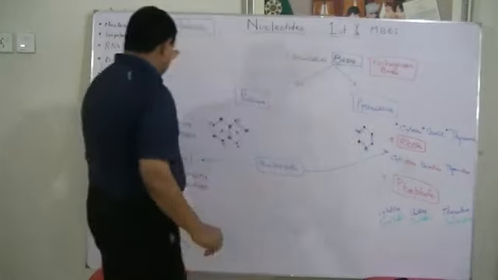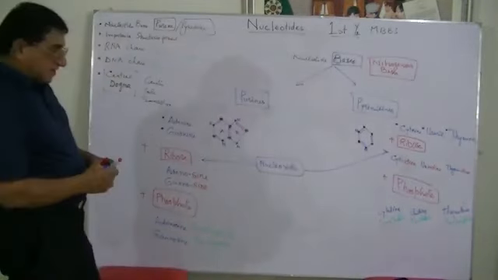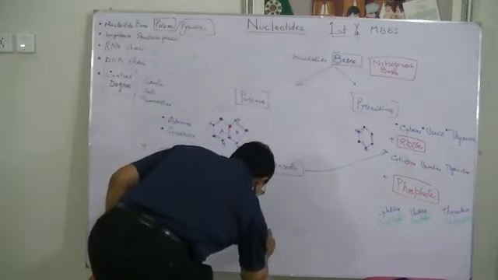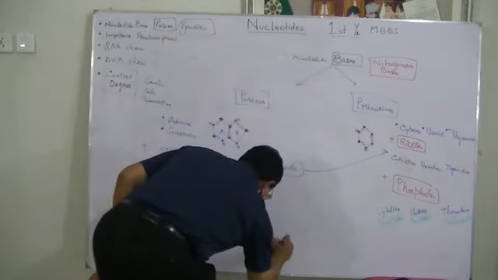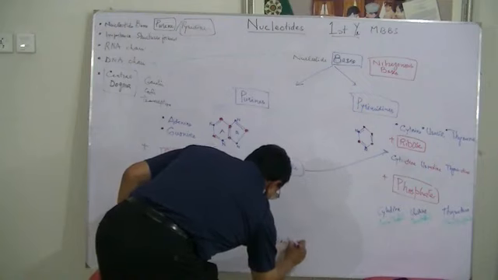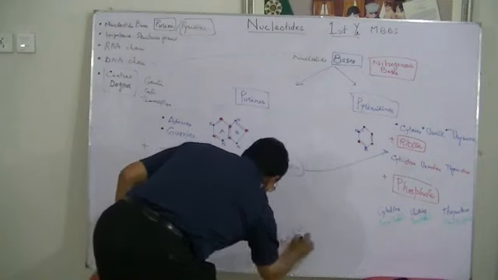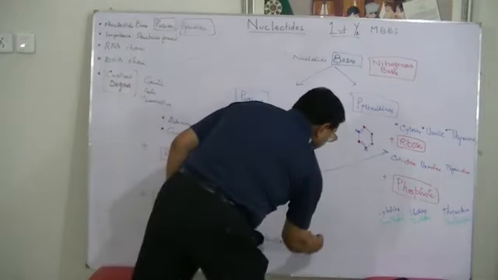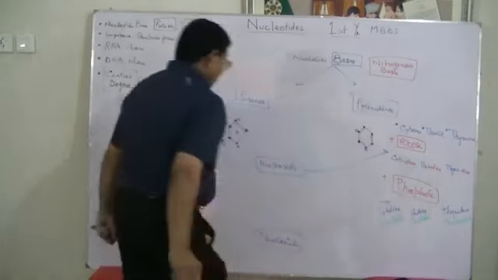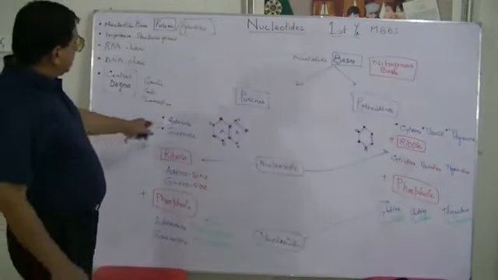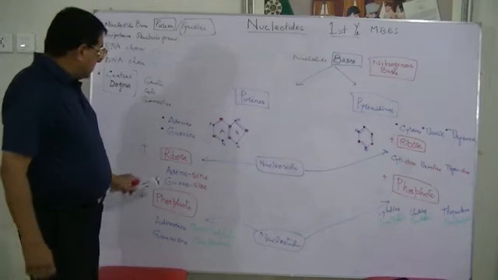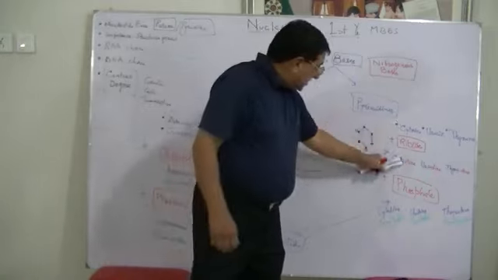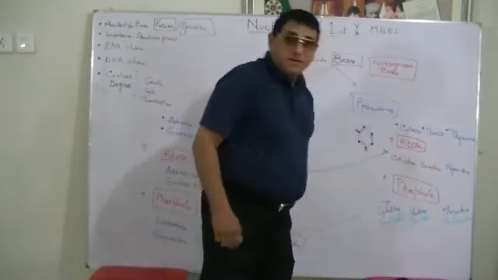And when the phosphates are attached, it is called a nucleotide. So these are nitrogenous bases plus ribose, nucleosides, adenosine, guanosine. Over here, cytidine, uridine, thymidine, right?